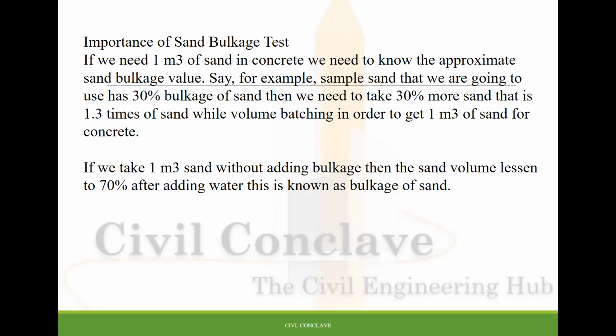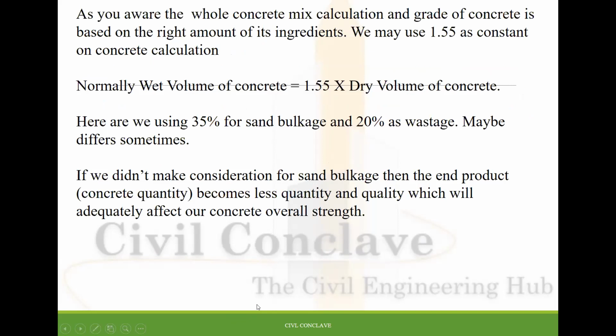For example, we are going to use sand which has 30% bulk. We need to add more than 30% of the desired ratio. If we take 1 cubic meter of sand without adding for bulkage, the sand volume is 70% after adding water, which is known as the bulkage of sand. We are all aware of it.